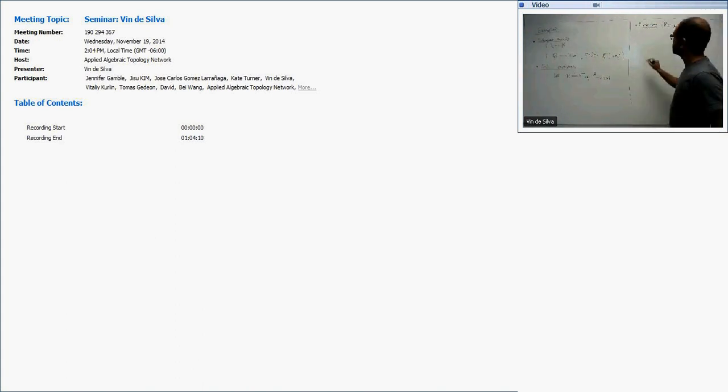So here what we can do is, instead of applying homology, apply a different functor of our choice. The one I'm going to pick, from bottom to top, is the pi 0 functor.